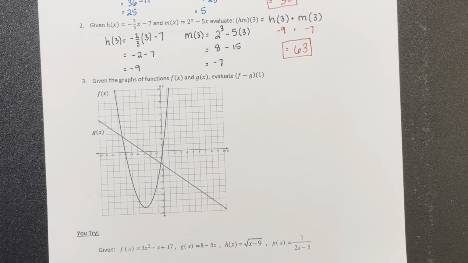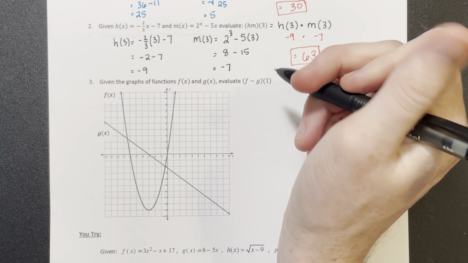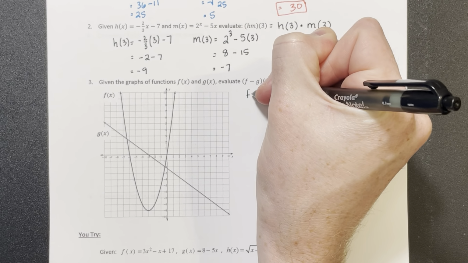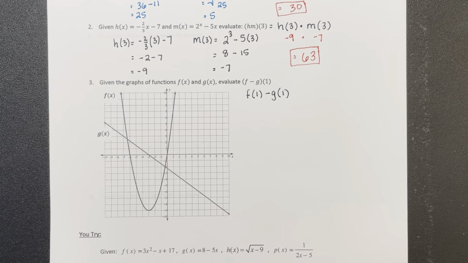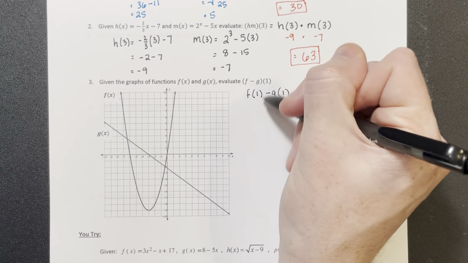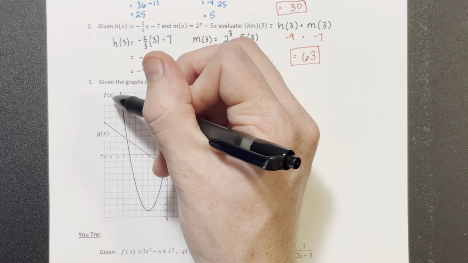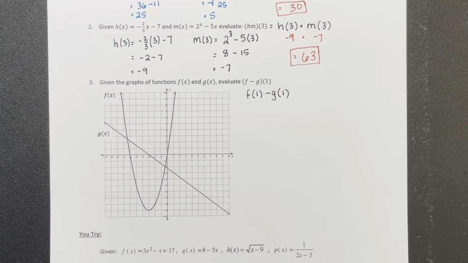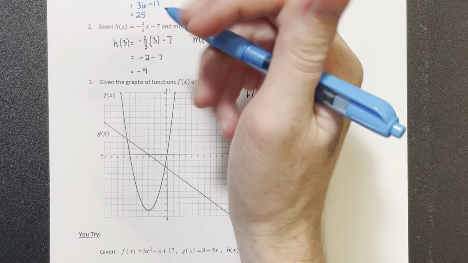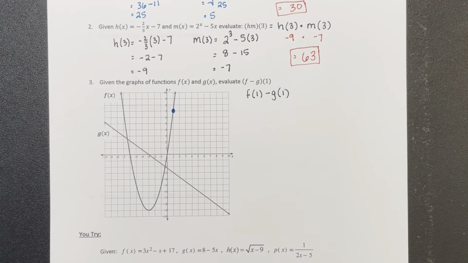The last one here in our notes is f of x and g of x graphically, and we want to evaluate f minus g of 1. So again, I'll just write that out in a different notation, f of 1 minus g of 1. So if I find f of 1, what that's saying is when x is 1, what is y on the f function? So here's our f function, this quadratic or this parabola. So I'm going to evaluate it, and f of 1 ends up being up here at 7.